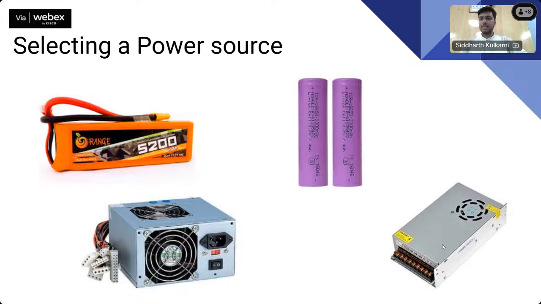If you look at your 3D printers, your laser cutters, etc., these are typically stationary machines that are inside your home or inside a particular place. These systems do not need to be mobile, so they can be connected continuously to an AC power supply. In those scenarios, you can use something like an SMPS, that is a switch mode power supply, like you see on the right here and on the left here. This can typically be directly plugged into the socket on your wall and used to power your system.